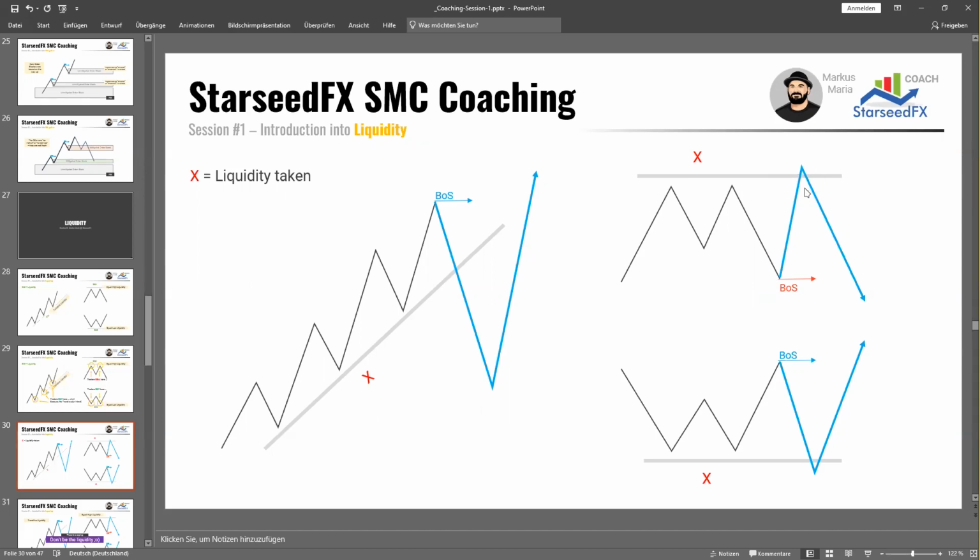And that, by the way, is something to watch for: if you see that the price takes out liquidity like here, and then as a next step breaks structure, this is now a strong zone you want to have a look at. Liquidity, breaking structure, this is the zone you want to look at now.